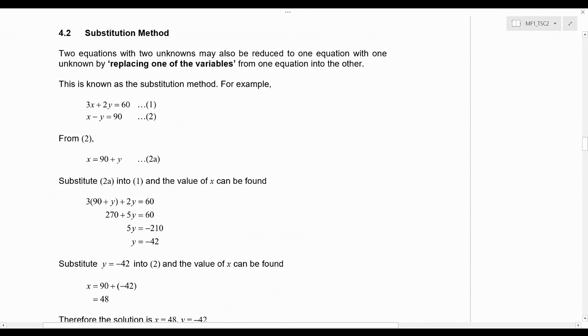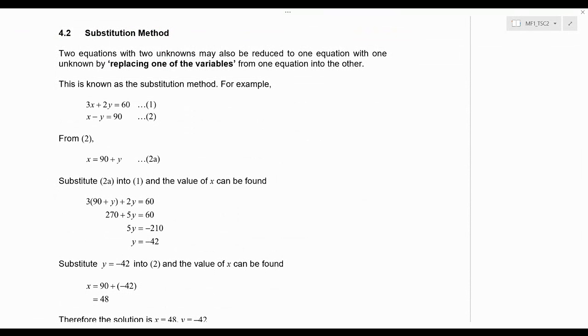Remember it must be substituted into the other equation, otherwise it doesn't make sense to have one equation work on itself. If you use equation 1, you put it into equation 2. If you use equation 2, you put it in equation 1. You have to always put it into the other equation.